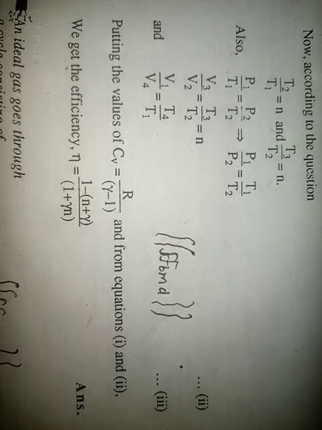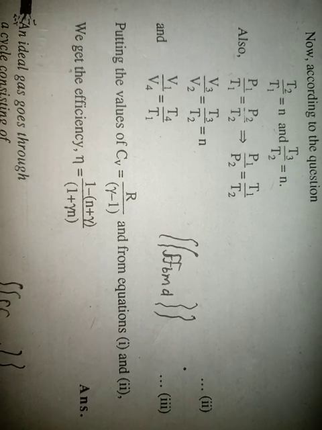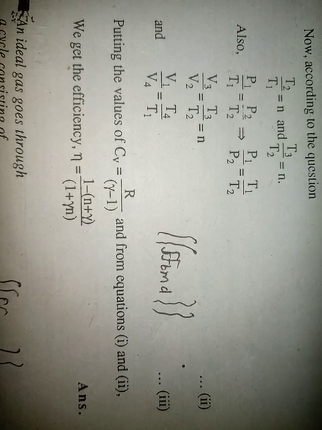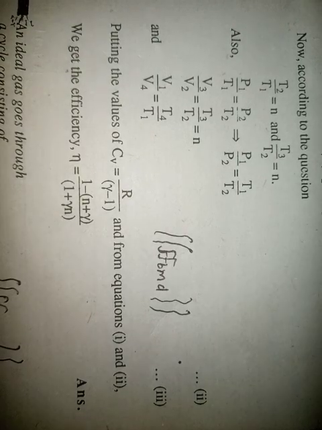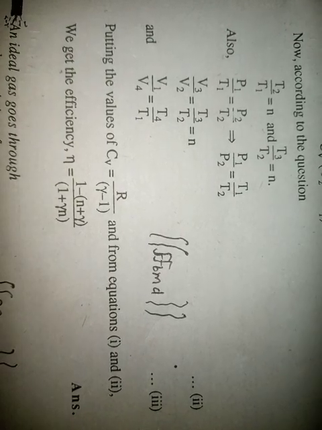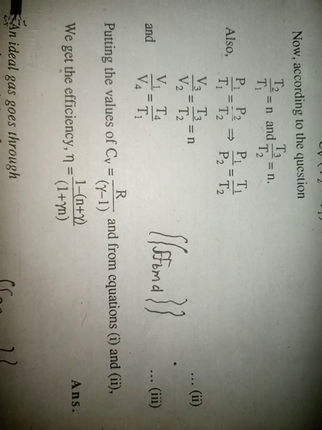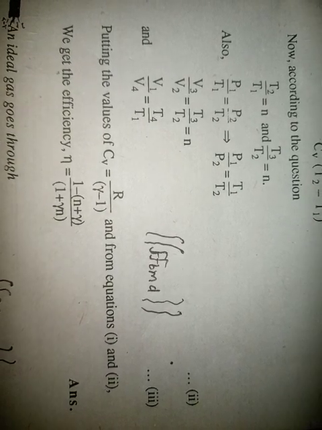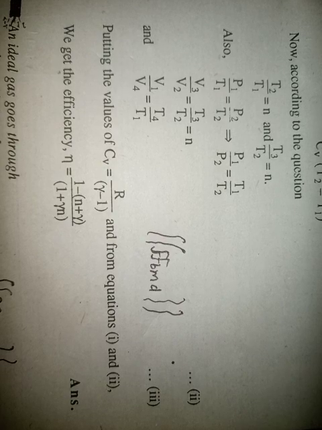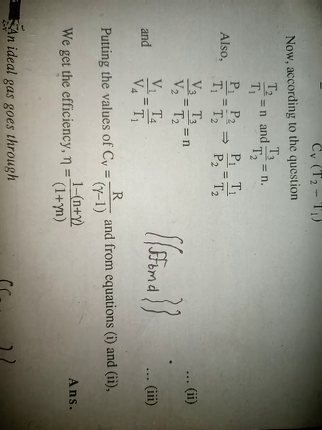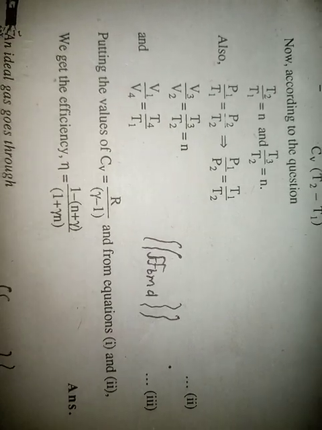Putting these values and Cv equals R by gamma minus 1, and from equations 1 and 2, using all these values, we get the efficiency eta equals 1 minus (n plus gamma) by (1 plus gamma n). Answer.